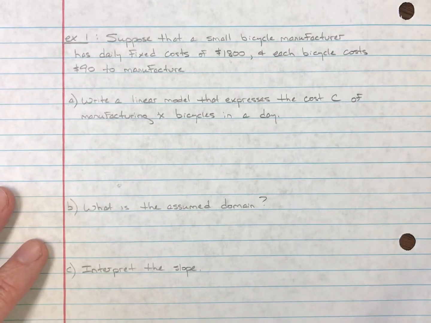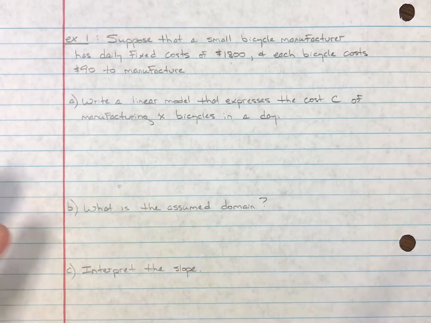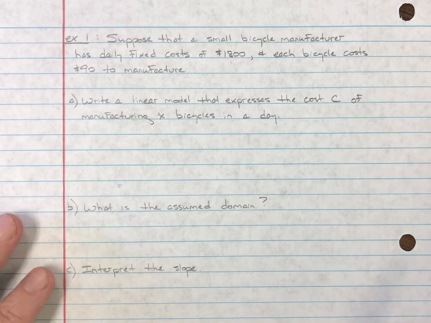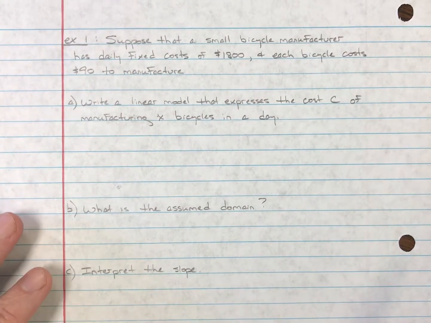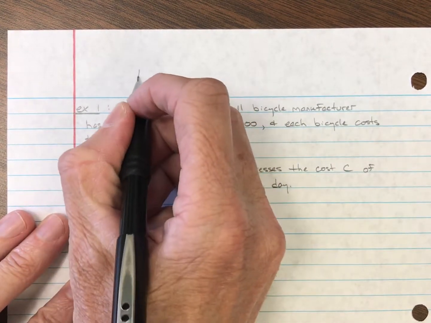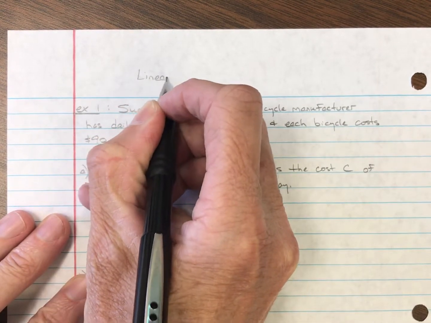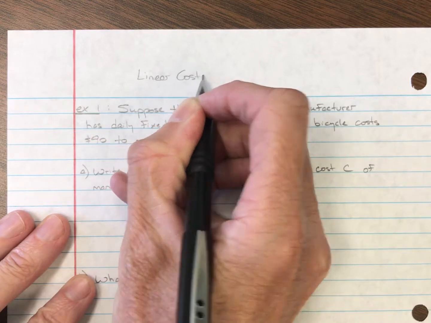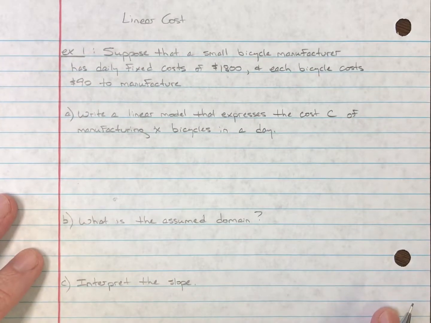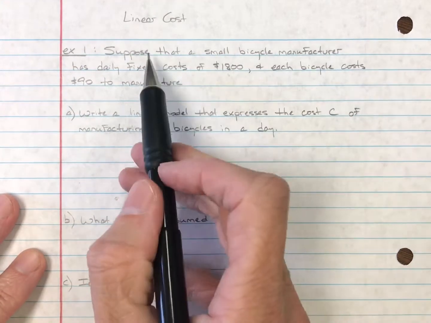Our first example, we'll take a look at a basic linear cost function. In fact, I'm going to write that up here. I probably should have put it next to example one. This is a linear cost example, okay? So example one has to do with linear cost.